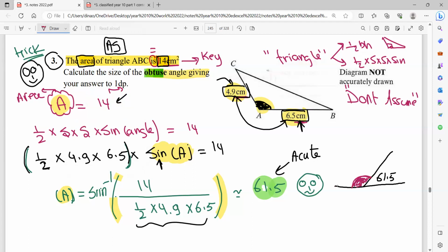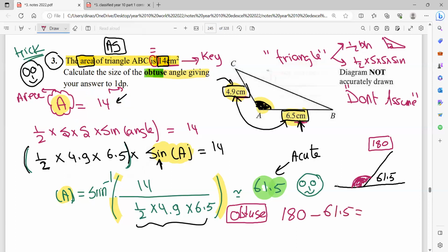Since this is a straight line, and the sum of these two angles is 180, this will be discussed in further detail in advanced math in AS. How do I find the obtuse angle in this question? To find the obtuse angle, I will subtract 61.5 from 180.